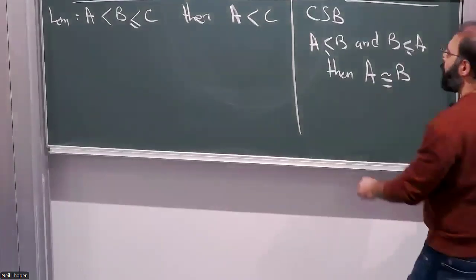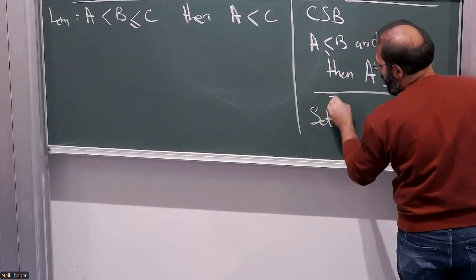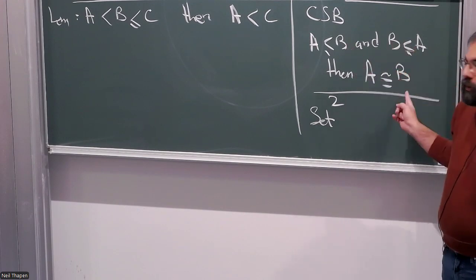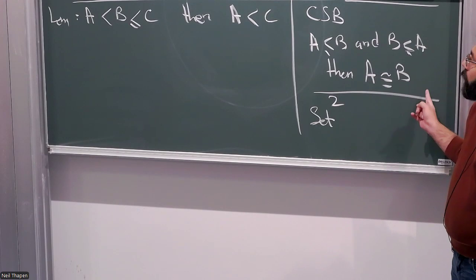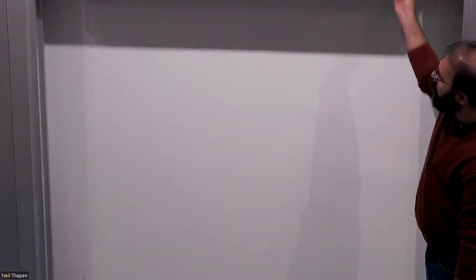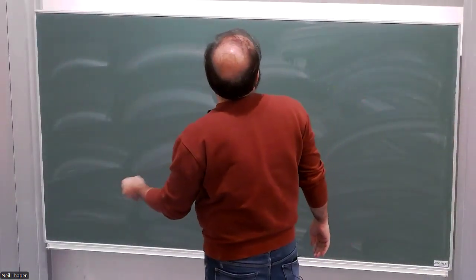And a counterexample is this guy. In Set to 2, this is not true. And I can write and explain all the details about this. Probably I won't, but maybe I have to at least say what the A and B are, right?